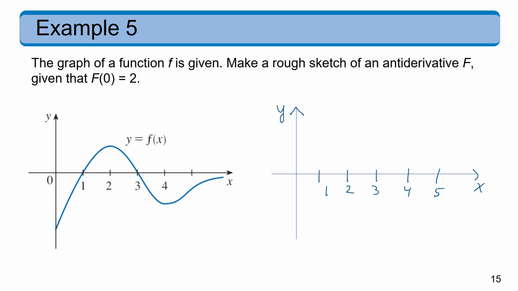Now we're looking at an example where we're given the graph of a function and we want to sketch a graph of its antiderivative. We did this type of problem in the other direction already, right? Earlier we had problems where I gave you the graph of a function and then based on that we would sketch a graph of its derivative.